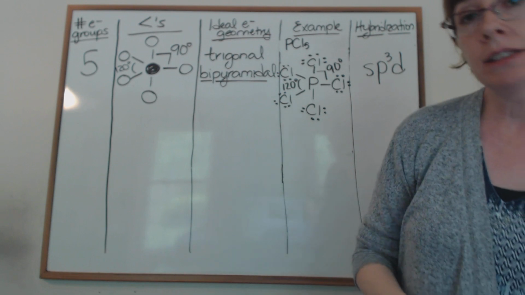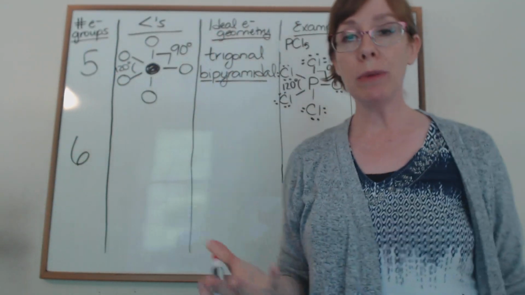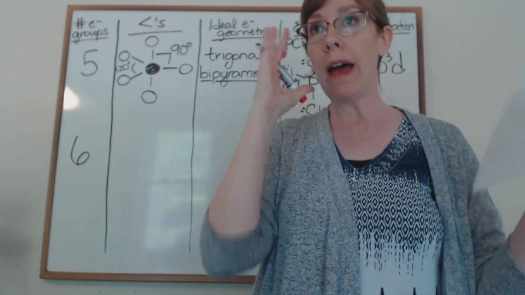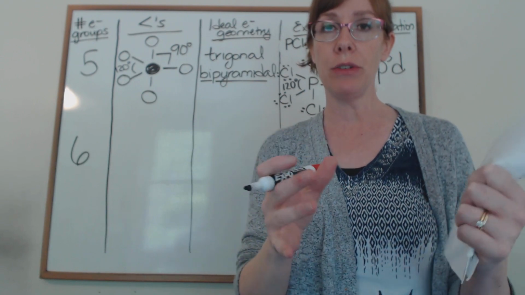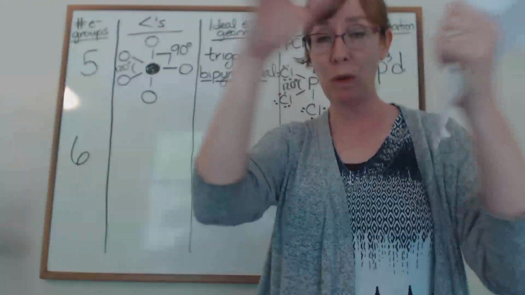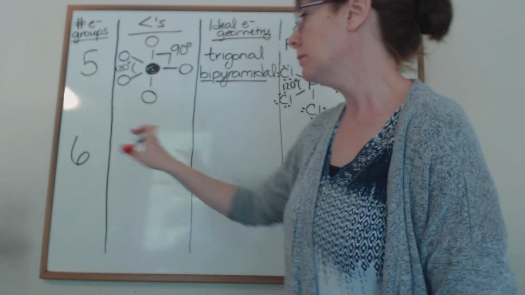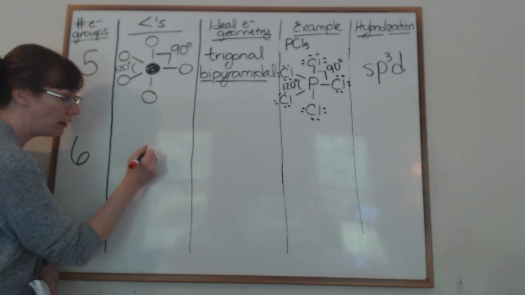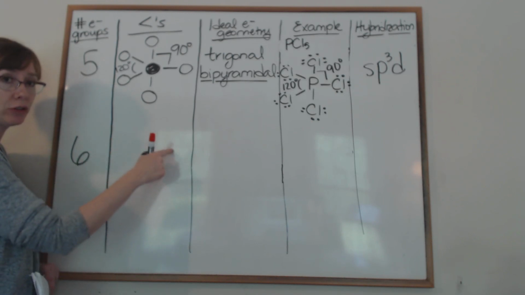And the last number is 6. Now, why do we stop with 6? It's not just because we get tired. There are no molecules that ever have more than 6 electron groups around their central atom. They don't exist. There are no central atoms with 7. That's why we stop at 6. So what happens when we have a central atom trying to accommodate 6 electron groups around it?